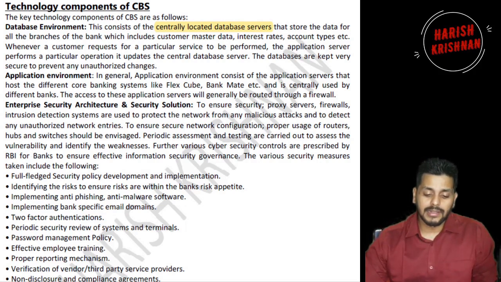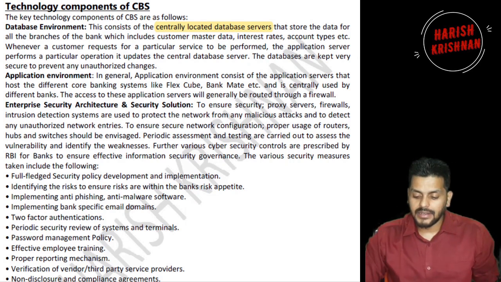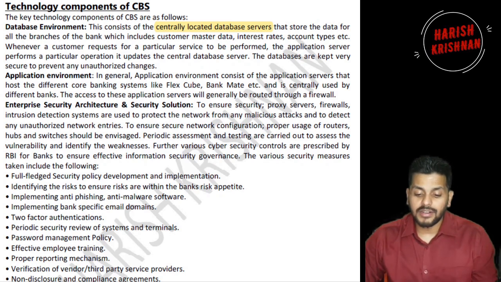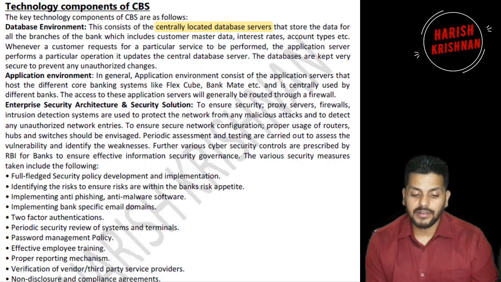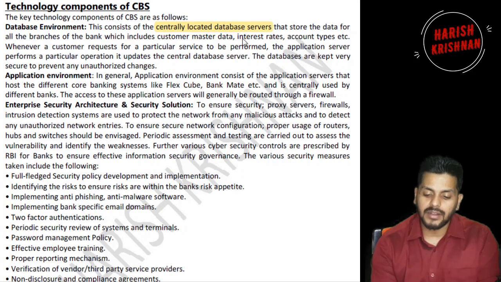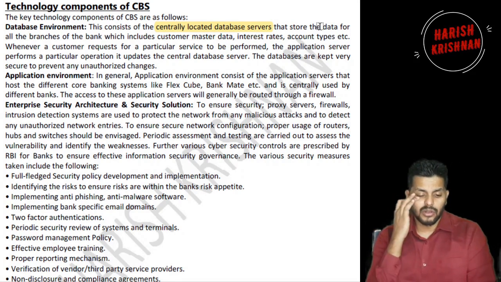So from all the different branches, whatever data comes in, that gets stored in this particular area. That is what is a database environment. The database environment consists of centrally located database servers that store the data for all the branches of the bank, which include customer master data, interest rates, the account types, savings account, current account, all those.